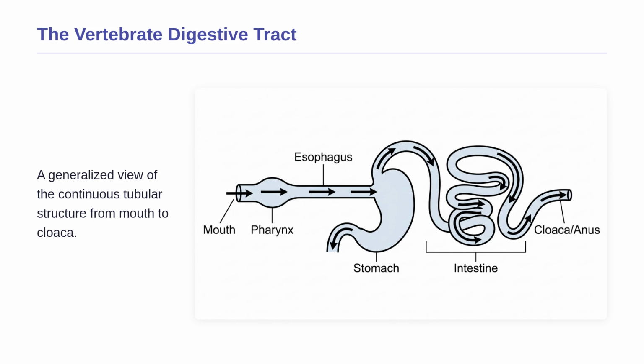From there, it moves into the highly coiled intestine, which is the primary site of absorption, before waste exits through the cloaca or anus on the right. This diagram beautifully illustrates how the physical volume we just discussed in our formula is distributed across different specialized regions to maximize digestive efficiency.